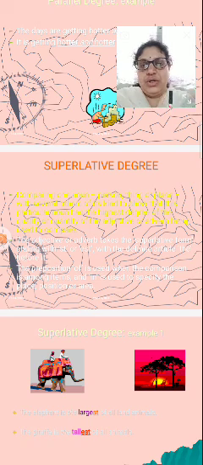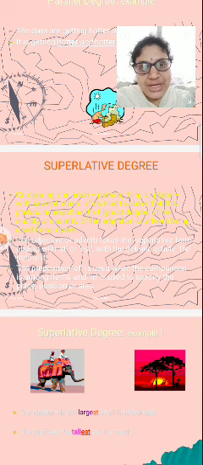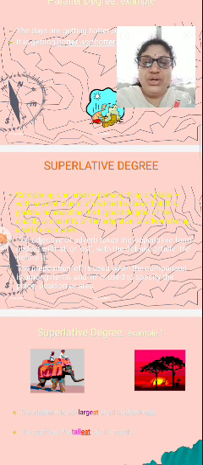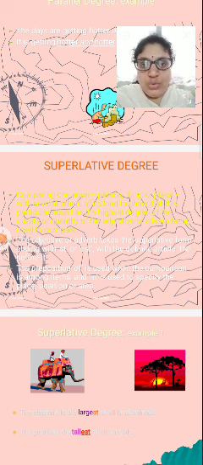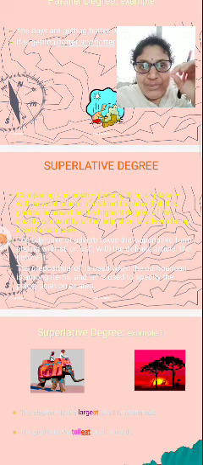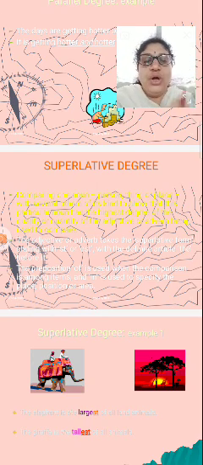Superlative degree means comparing one noun, one person, one thing, or one place with several others of its kind to show that this particular noun has the highest degree of quality or quantity of the adjective or adverb being used to compare.